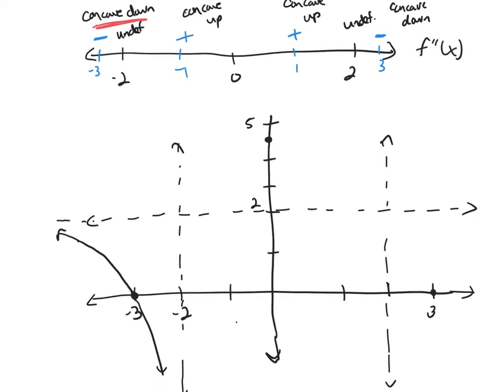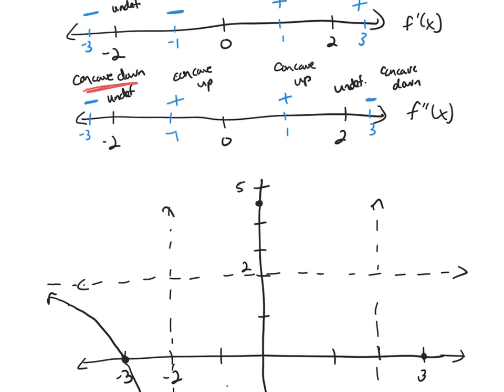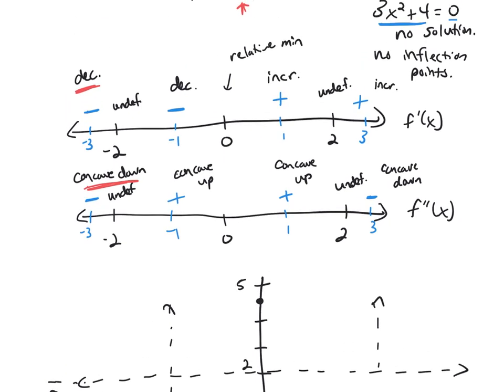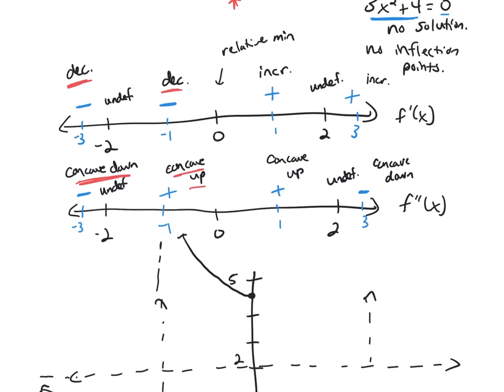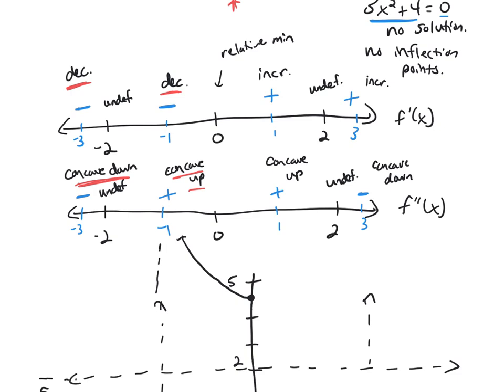Okay, and then from -2 to 0, my graph is decreasing and concave up. So if it's decreasing and concave up here, it'll be going down. Okay, and then on the other side of 0, it's going to be increasing and concave up.